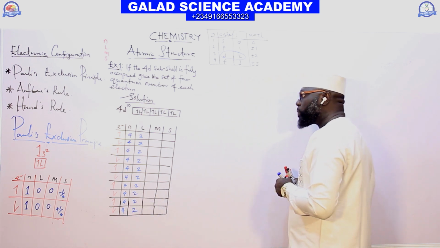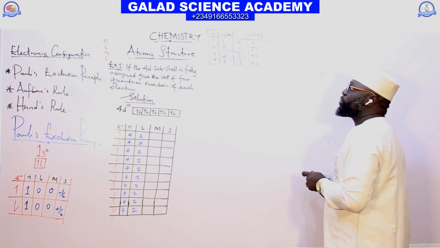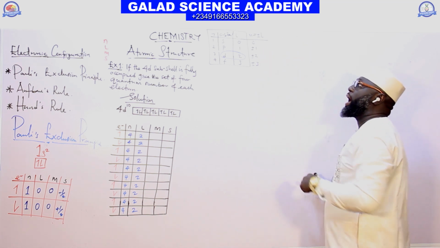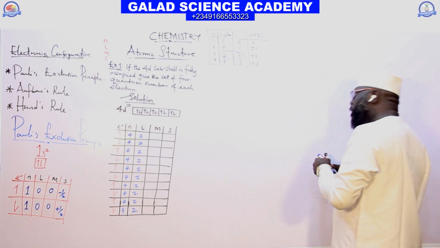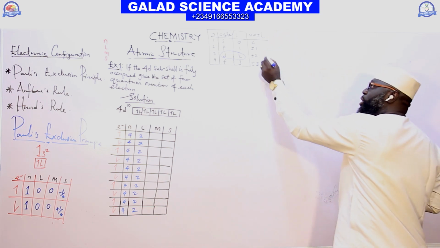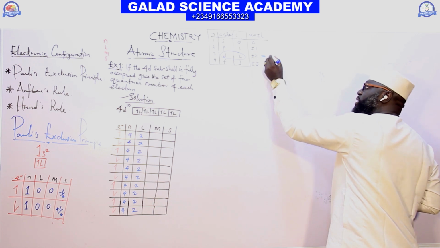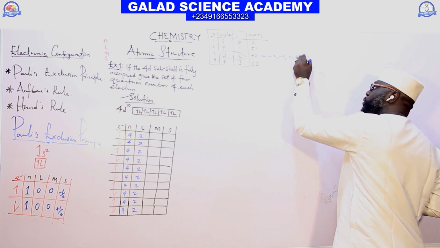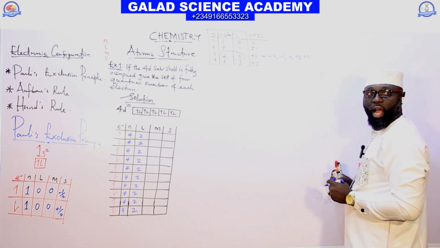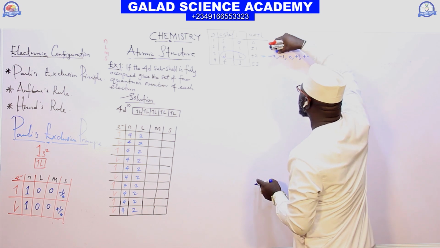But in the case of the magnetic quantum number, it is plus or minus 2, and it starts from minus 2, minus 1, 0, plus 1, plus 2.